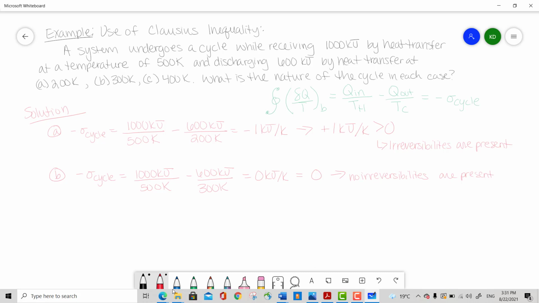So it's the same thing, just the same measuring as what we did before, where we were comparing it to actual performance, but here we're just comparing it to 0. And then for the last case, which is C, we're just going to write down our formula again, plugging in.